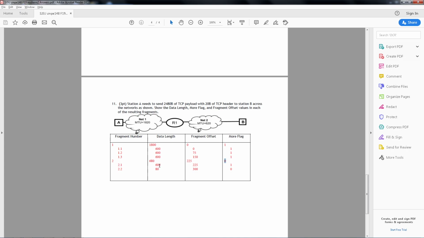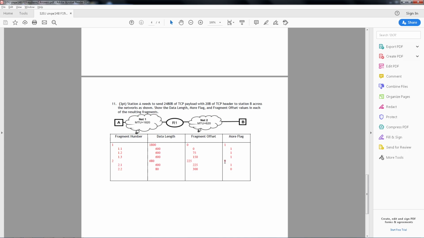So when we get to the second set, again, because it's 680 bytes worth of data, we just need to split it to 680. Now this obviously maintains the fragment offset of 75. So this means that it goes from 225 to 299.